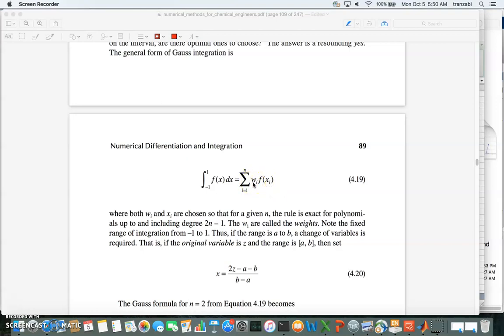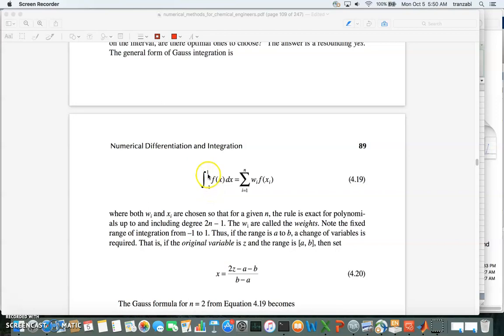We substitute the evaluation point into f of x, multiply by w, and sum over all the evaluation points.